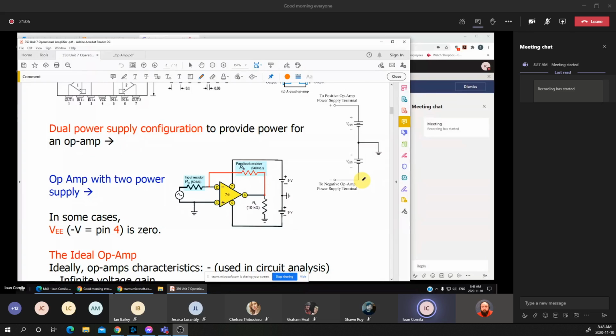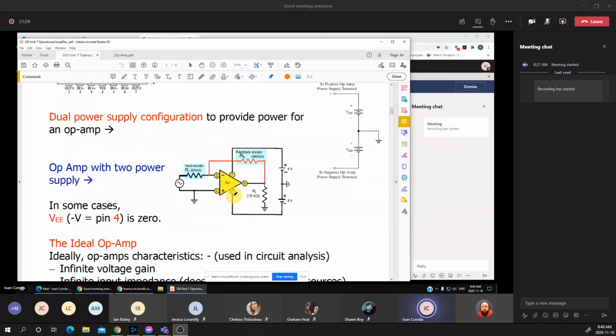It means that I don't have to use that negative voltage source. But I'm just giving an idea about where we may see a single voltage source instead of dual voltage sources. Again, it's based on the applications that may be using an op amp, a 741.